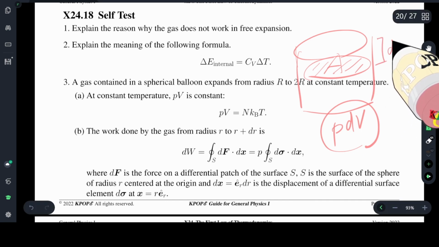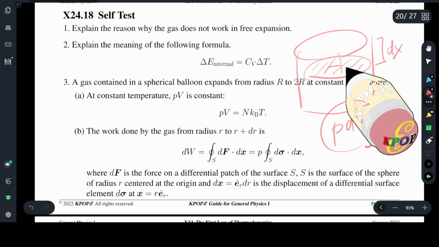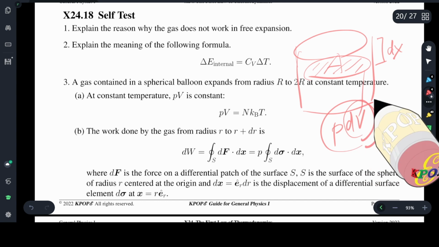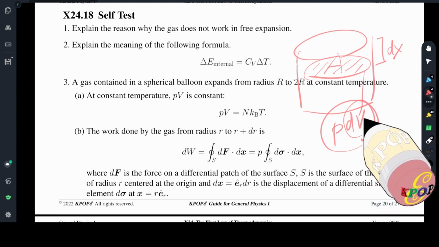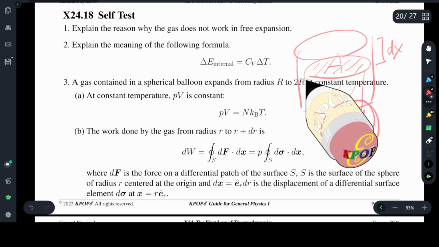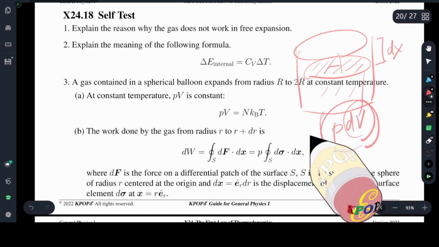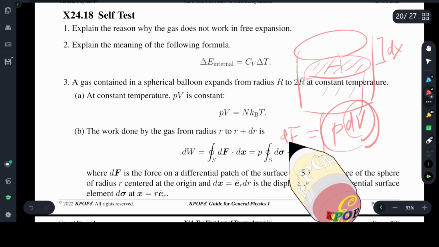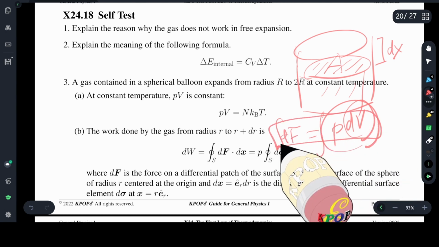If it translates by dx, that changes the volume by dV. A dx is dV, and multiplied by the constant pressure inside the container, we obtain the work done by the gas. But in fact, it can be done with arbitrary shape.